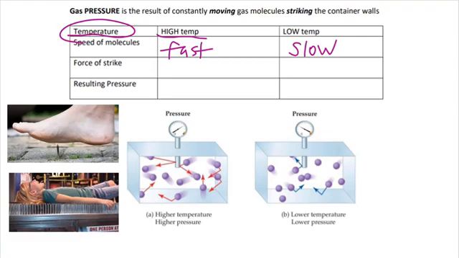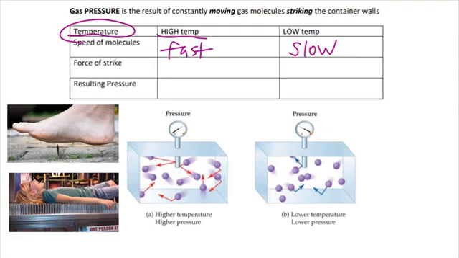Think back to when we were talking about solids, liquids, and gases. In a solid, think of ice, low temperature, so it's cold, those particles are just vibrating. They're moving very slow, as opposed to a gas, where those particles are moving a lot faster. If I have a low temperature gas, those particles are going to move much slower. And if we increase the temperature, they'll move faster.